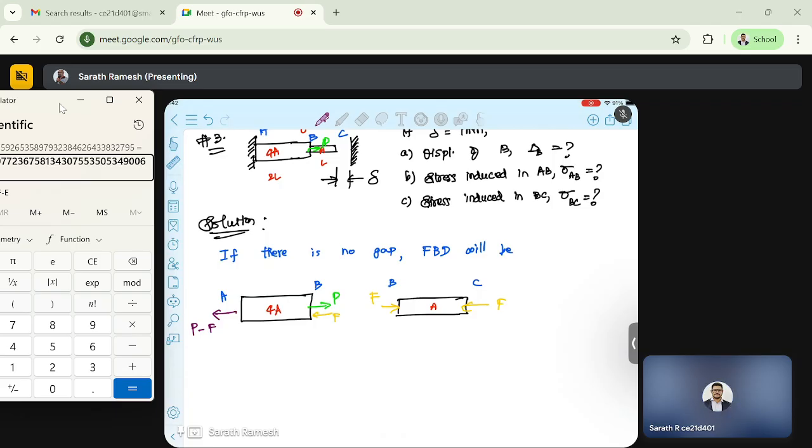Now let's find out what is delta B directly so that we can relate it.